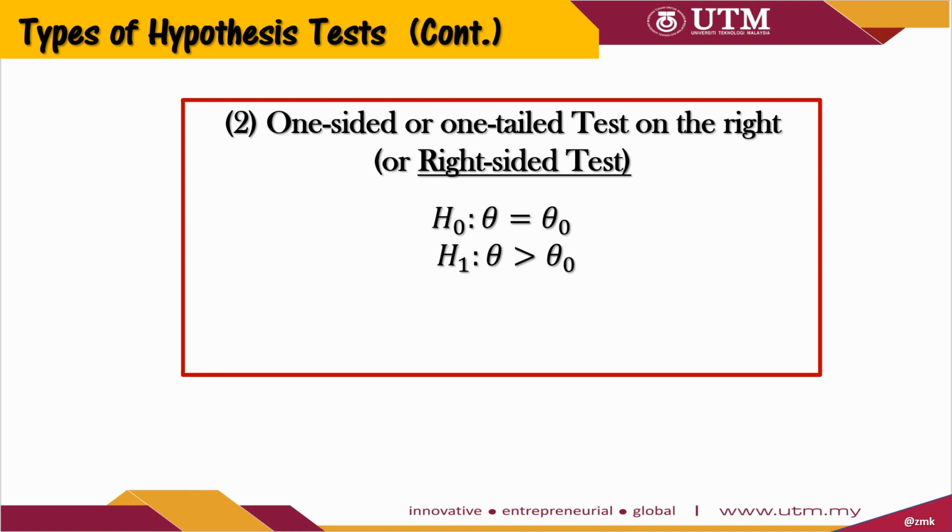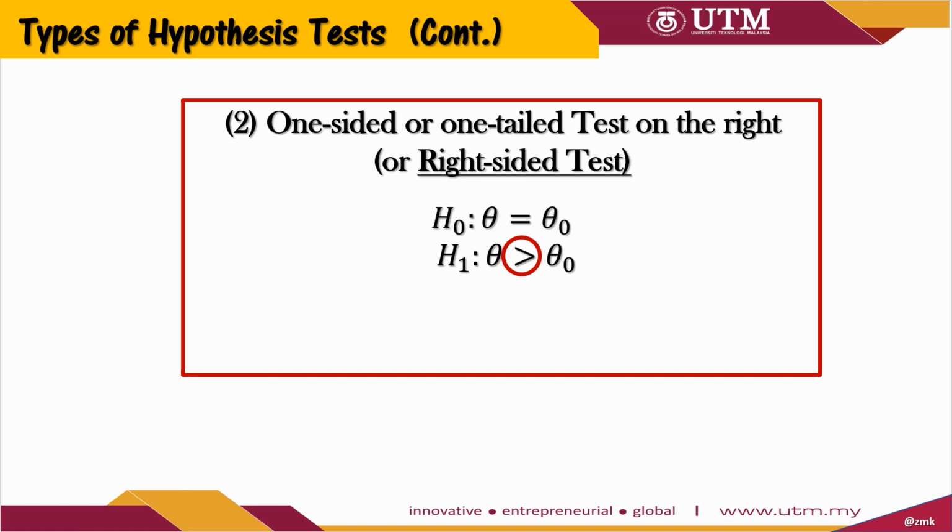Notice that under H0 we only have equality sign, whereas under H1 we have a greater than sign, where we do not have equality sign under H1. We cannot simply put theta is at least bigger than theta naught. It has to be theta is greater than theta naught. So we use notation greater under H1. Next is to write the decision rule.